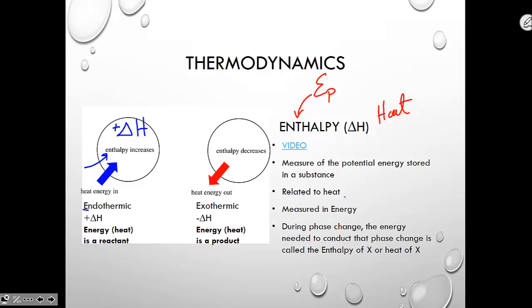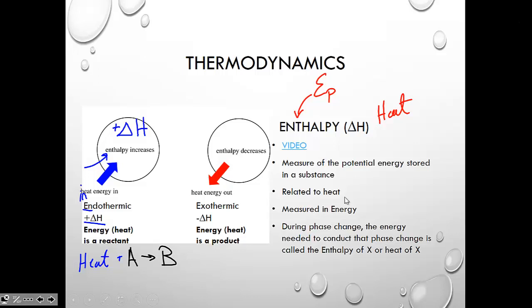This is known as an endothermic reaction. Energy goes into that reaction. Endothermic, in, they kind of go together. So if you ever see a positive delta H, that means that heat is part of the reactants of that reaction.